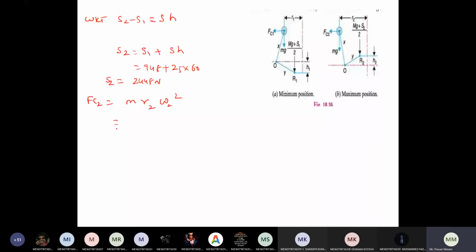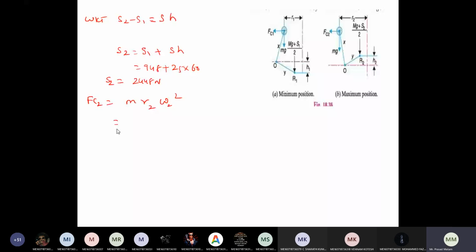Mass do we know? What is the radius of rotation? R2 we got. Can anyone tell?